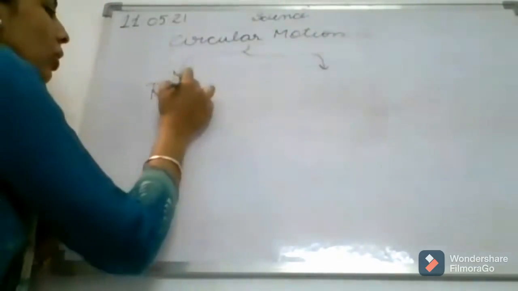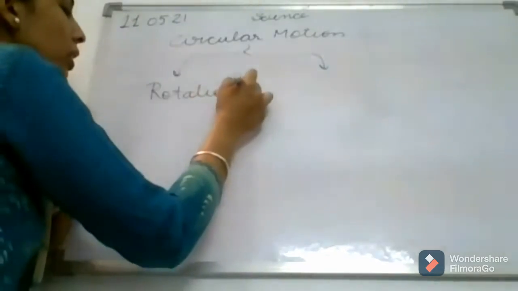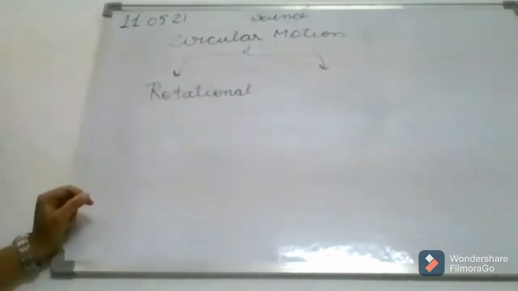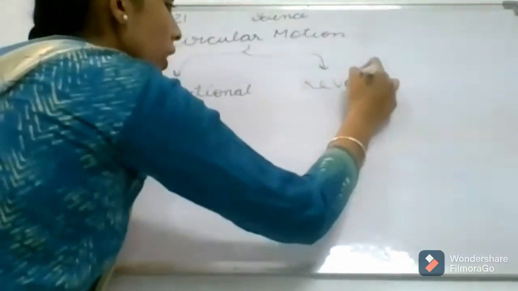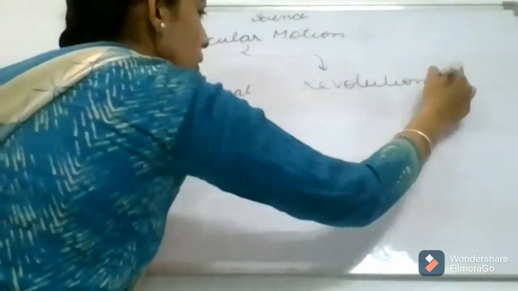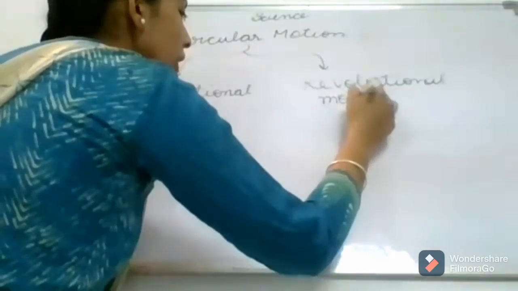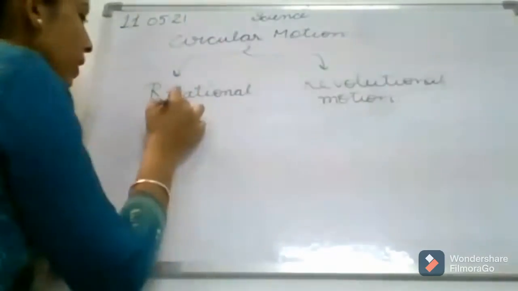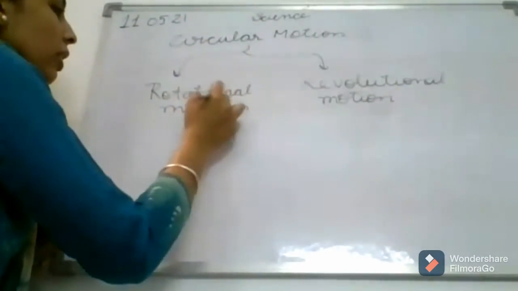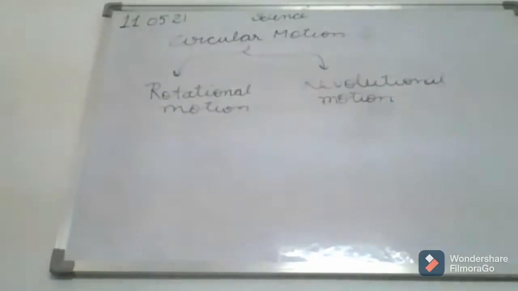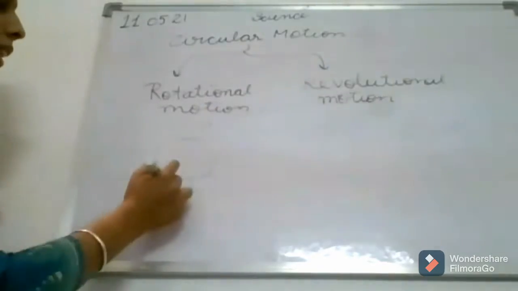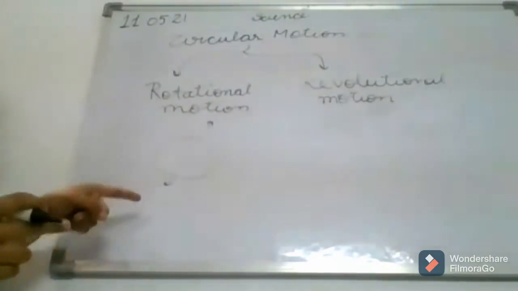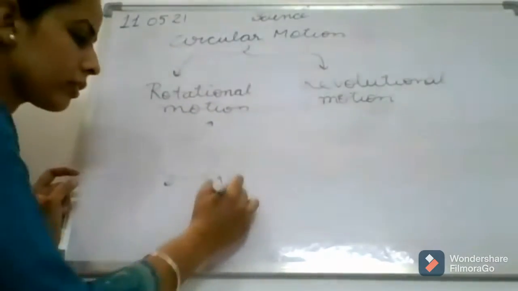First is rotational motion, and next is revolutional motion. You have to understand this concept. Concentrate here. First is rotational motion. When an object is moving on its axis, for example, it is axis. What is axis?